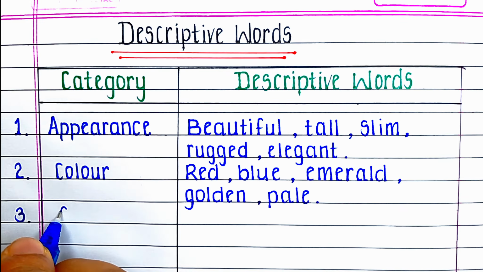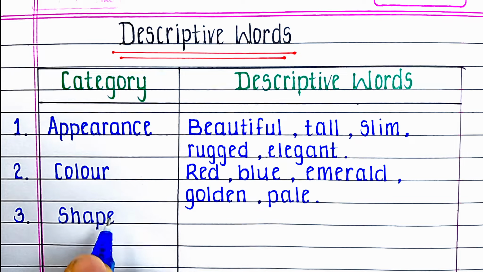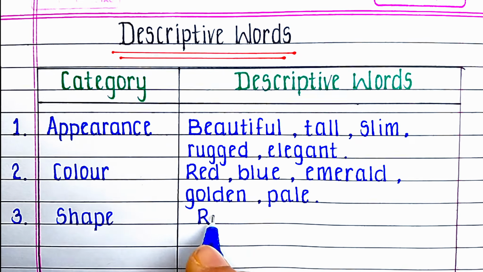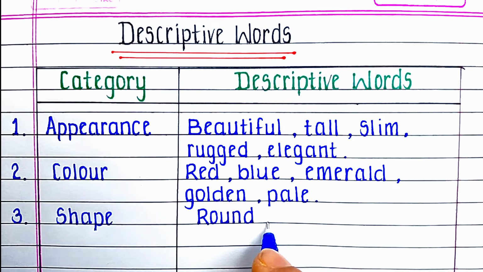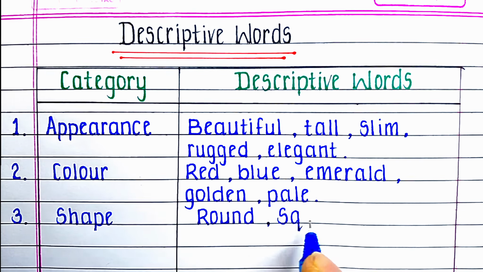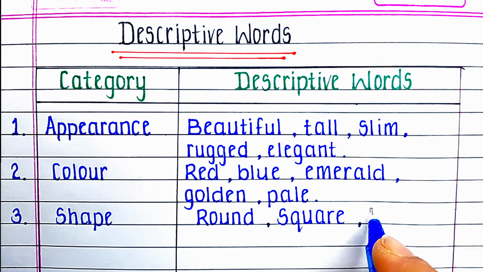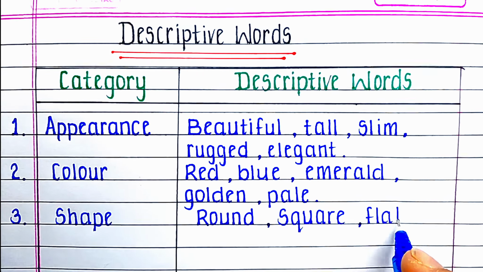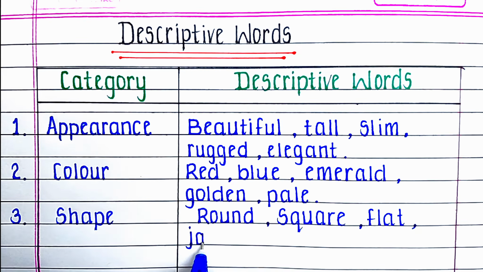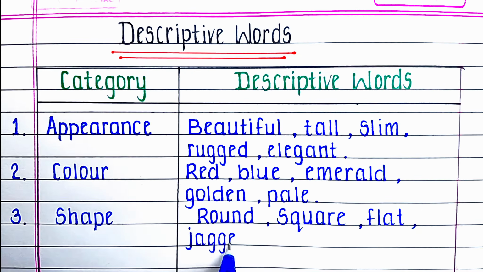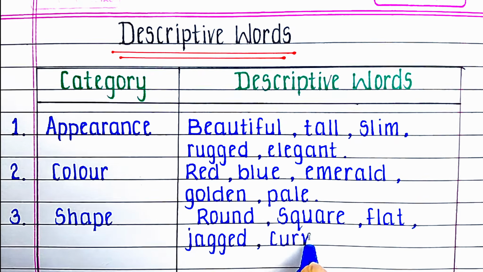Next category is shape. The descriptive words are round, square, flat, jagged, curved.